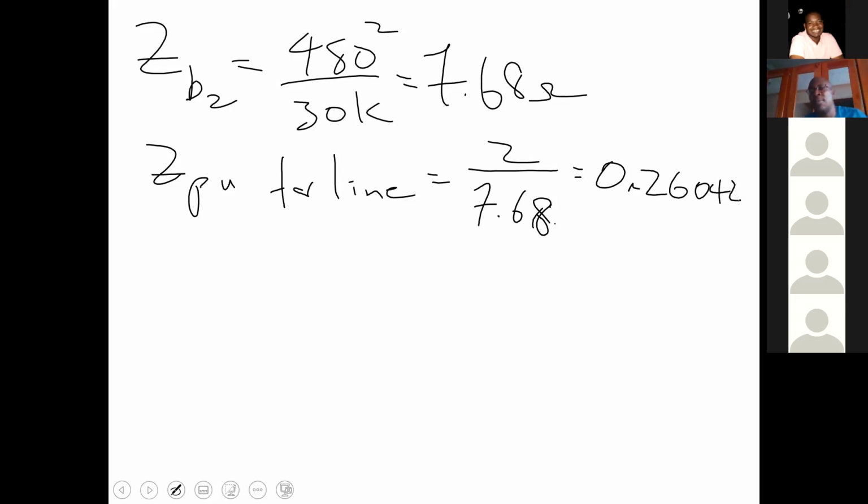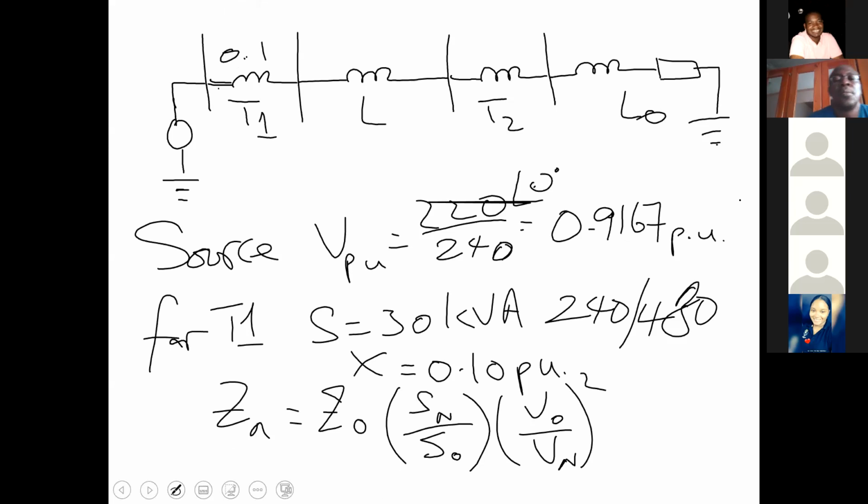All right. So I can now go back up to my diagram and put in the per unit for the line.